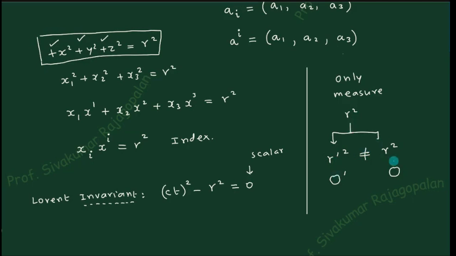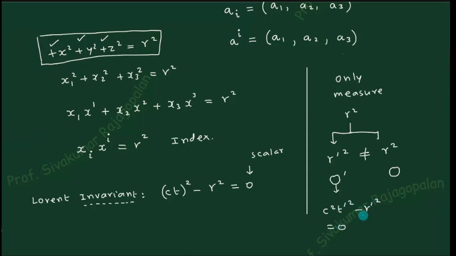When two people measure two different things, it is difficult to correlate or interpret the results. That is why people are interested to find out which quantities are Lorentz invariant. Once you have a scalar like 0, that scalar will not change from frame to frame. So if you measure c square t square minus r square, then the person in the primed coordinate system will measure c square t prime square minus r prime square.